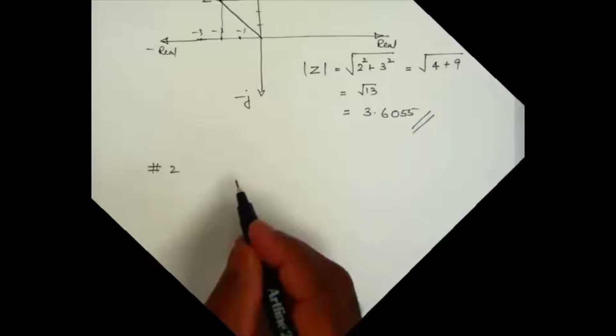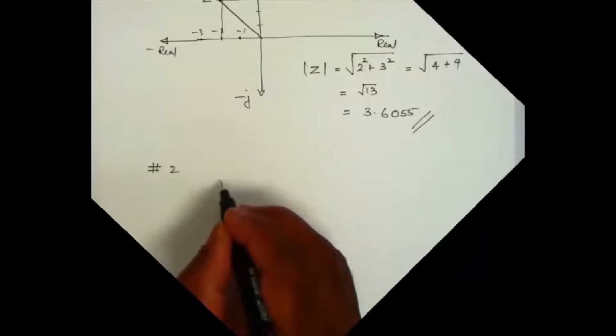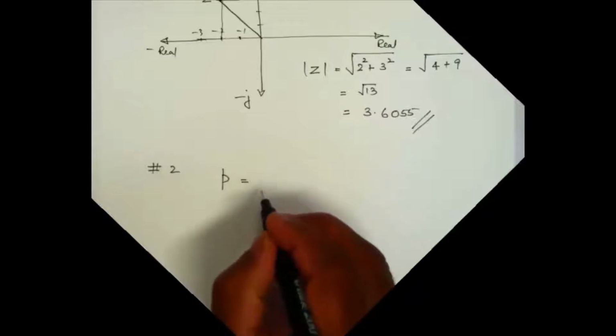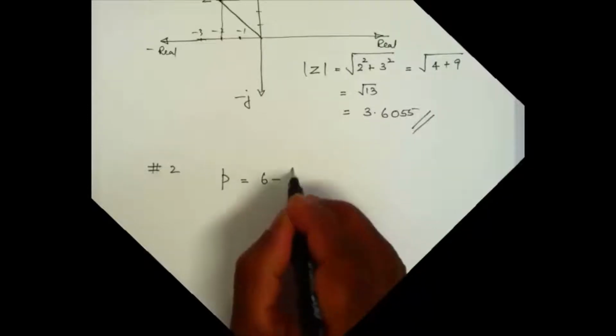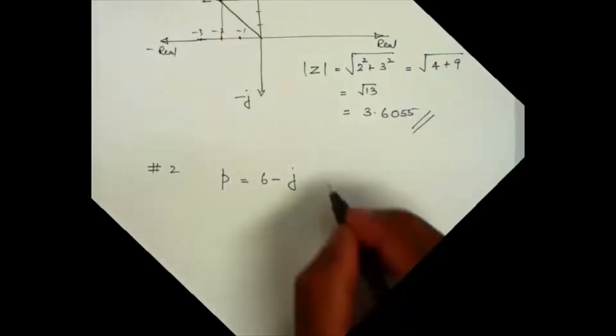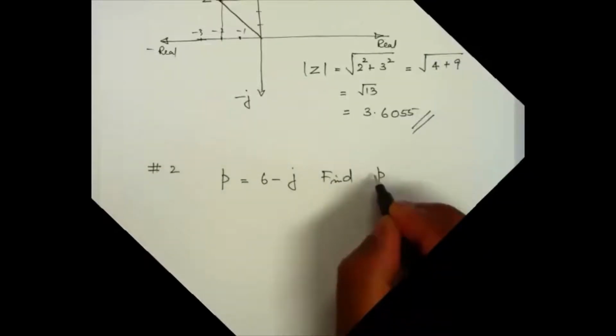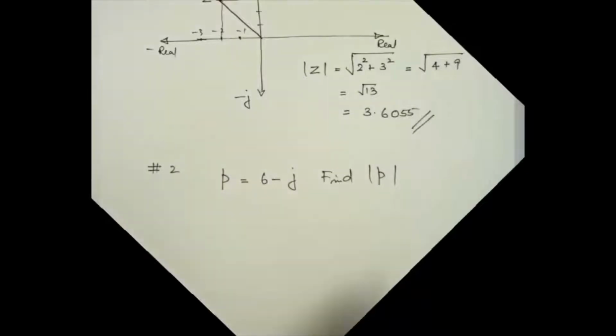That is, if p is equal to 6 minus j, find the modulus of p.